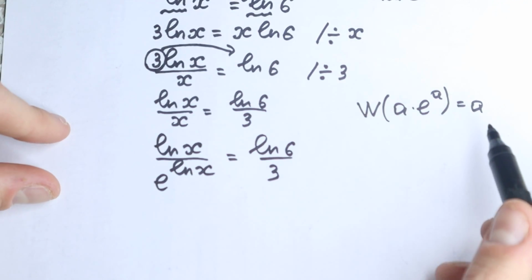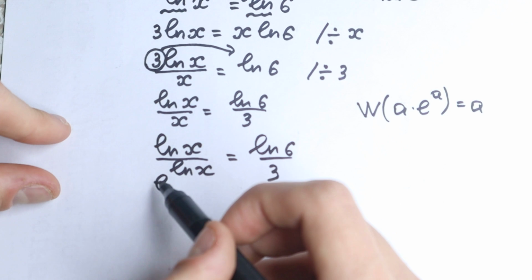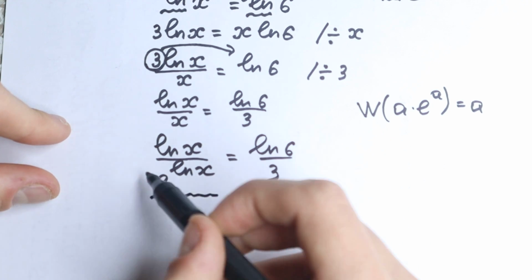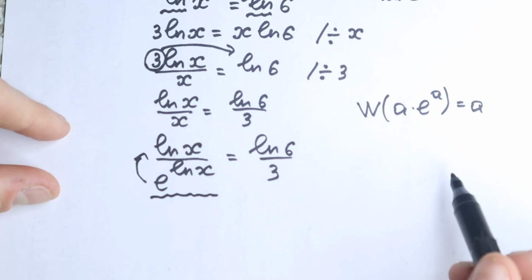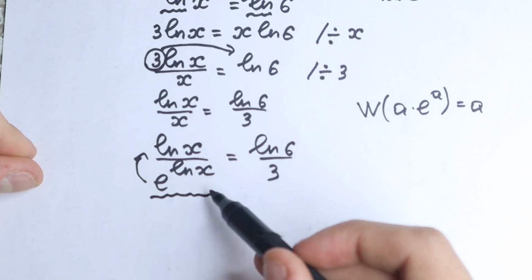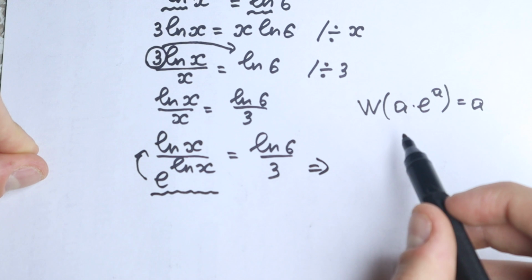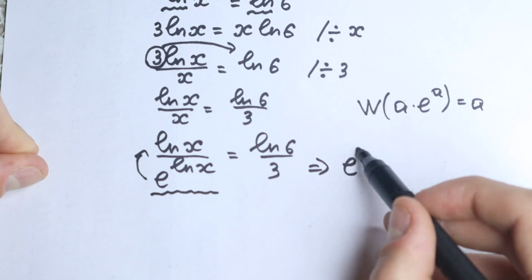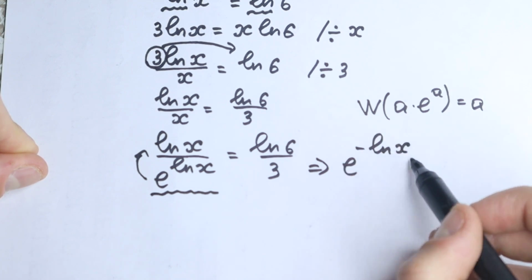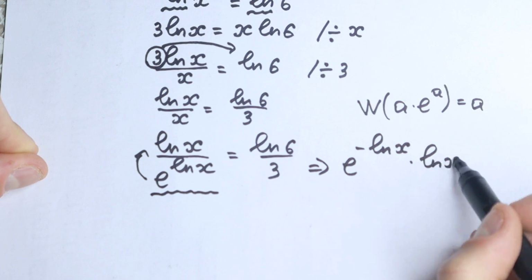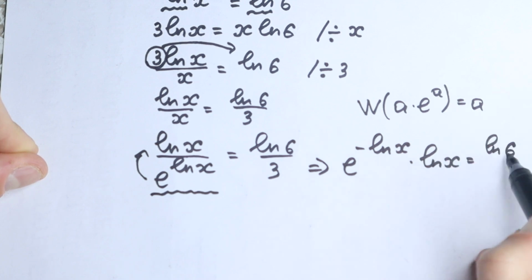One really important moment: we have e in our denominator, so let's bring this expression to our numerator. As you know, if you bring this from the denominator to the numerator, we need to put a minus. So as a result, we have e to the power minus natural log x times natural log x equal to natural log 6 over 3.